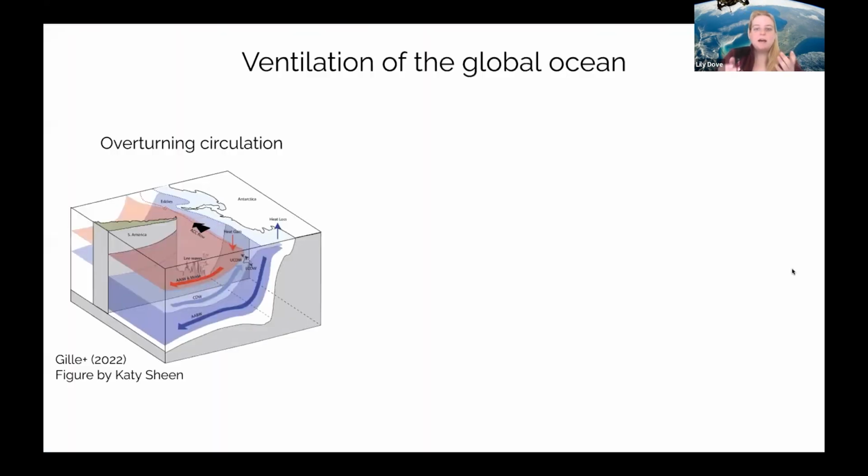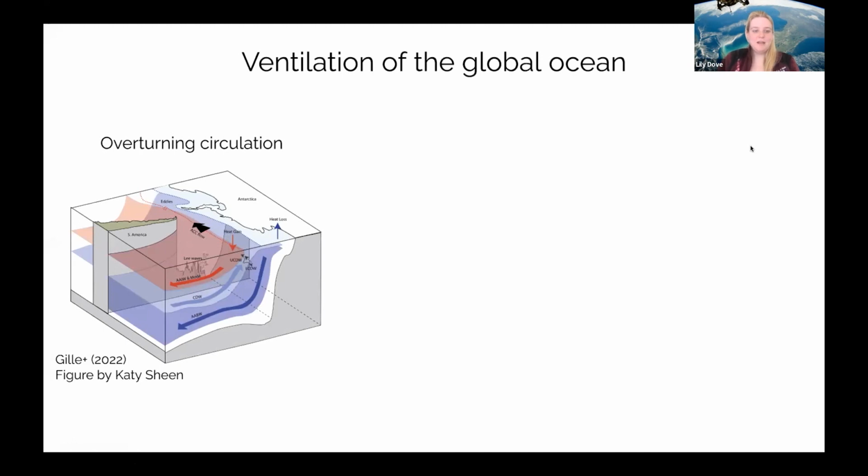So when we think about the term ventilation, I think about exchange of water between the surface and interior ocean. And this takes a large variety of forms across the global ocean. One is, of course, the overturning circulation, which we are very familiar with, especially if you're a Southern Ocean person.